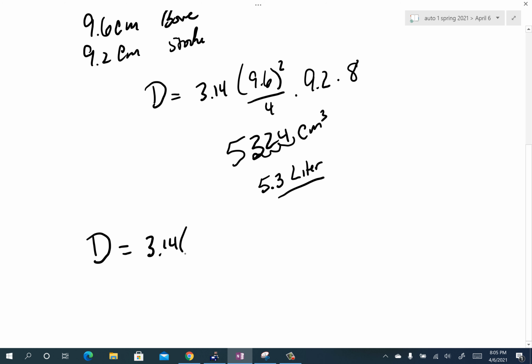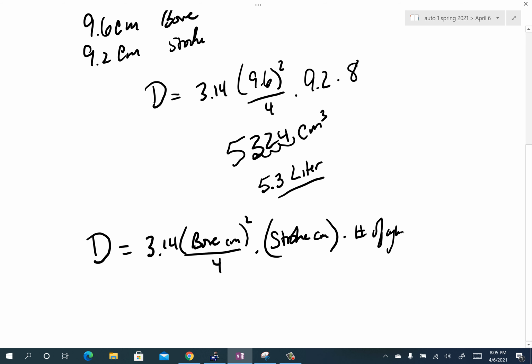Pi times the bore in centimeters squared divided by 4 times the stroke, again in centimeters, times the number of cylinders, divided by 1,000. Okay, and that will give you the displacement in liters.